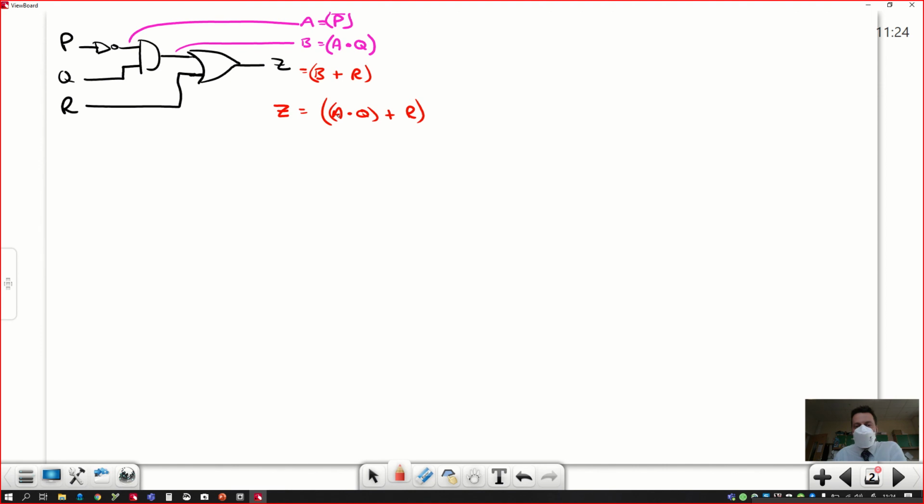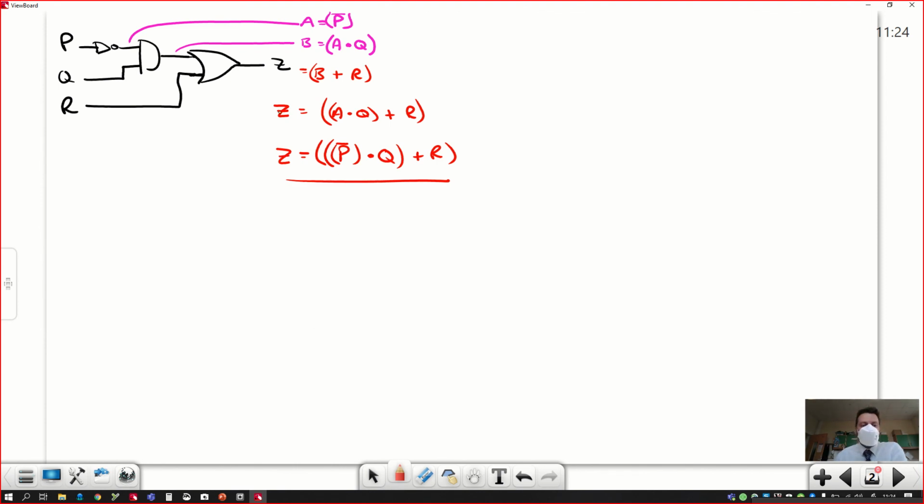A is an intermediate signal, it's not an input signal. So I'm going to have to substitute in what I know A equals, which is not P, and Q, or R. And that's the Boolean term for Z.